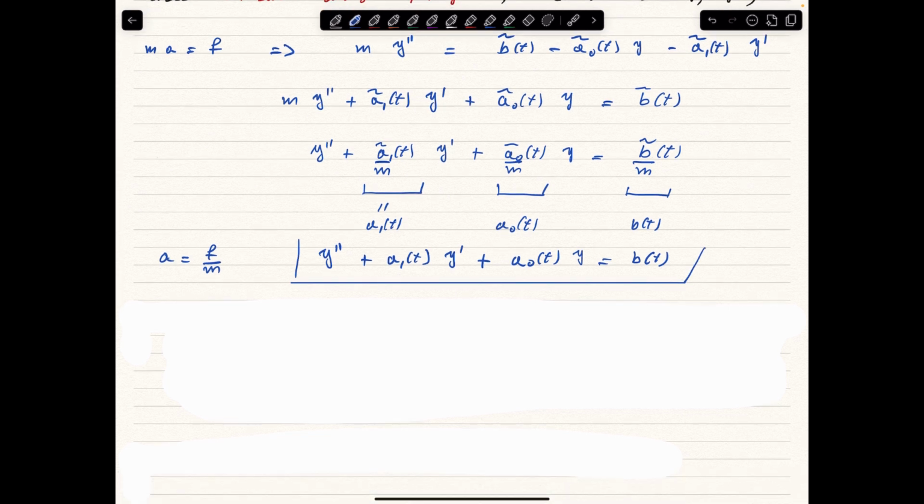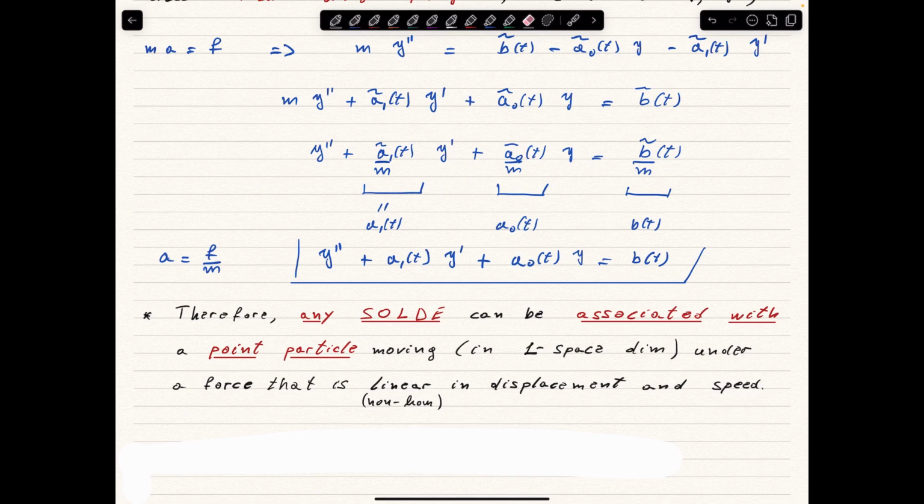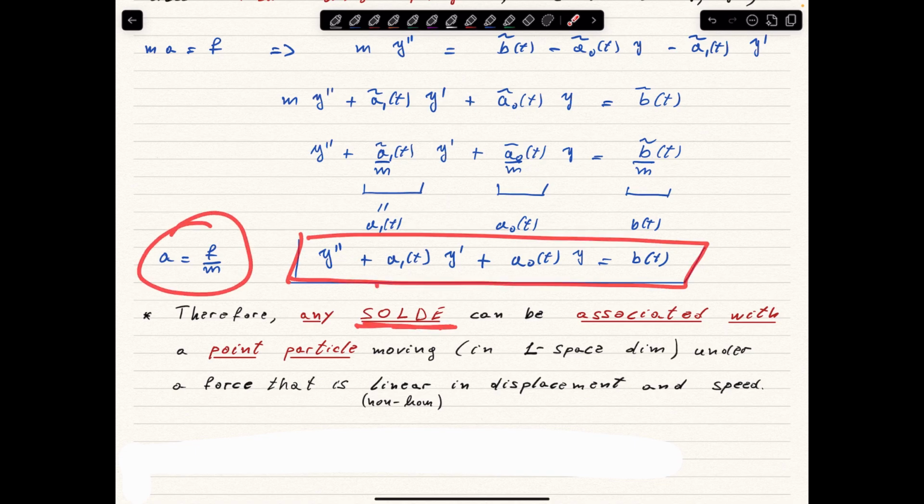So, as a summary, we can say notice that this is the most general expression of what we called before a second order linear differential equation, and these are equations of this form where this equation describes point particles moving in one space dimension.